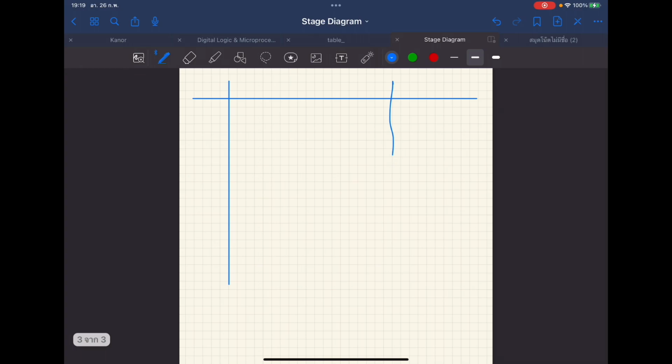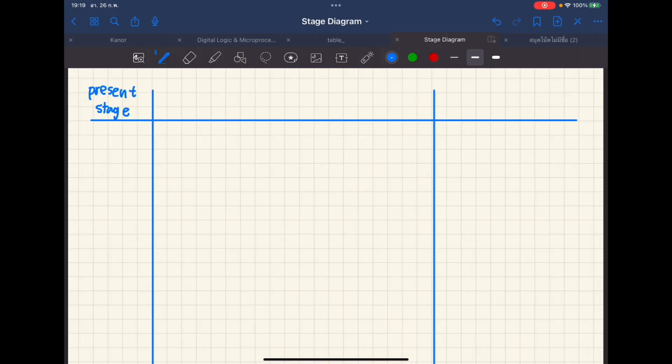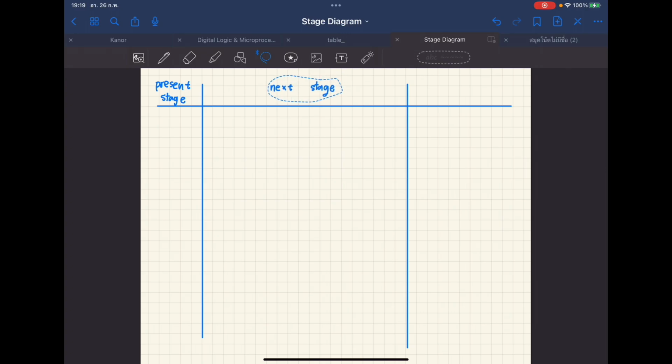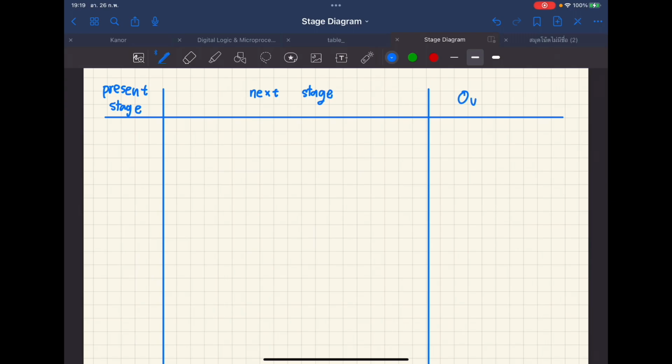This one is going to be the present state, this one is the next state, and this one is going to be the output.